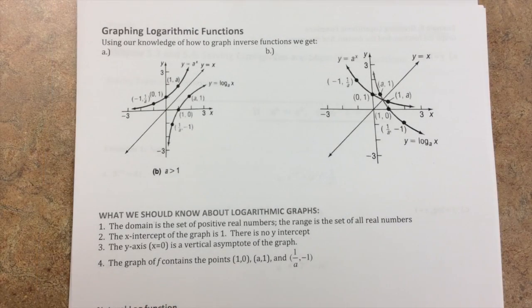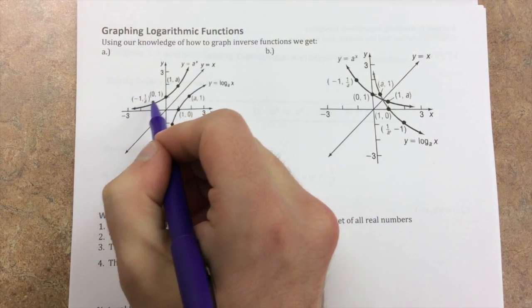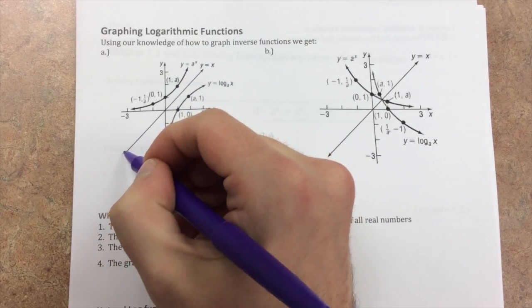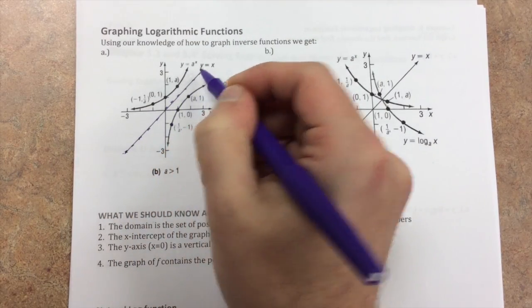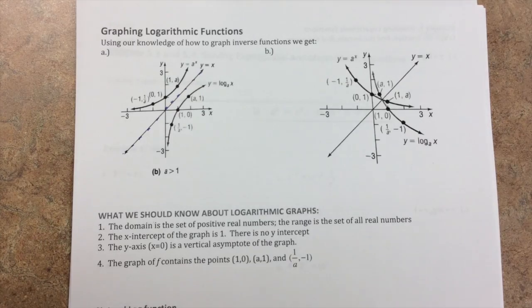So after we talked about domain, it's assumed that we're going to be talking about graphing. What's nice is we've already talked about graphing inverse functions, and we've talked about graphing exponential functions before. So graphing logs is as easy as, if we can graph an exponential function, all we have to do is reflect it over the line y equals x.